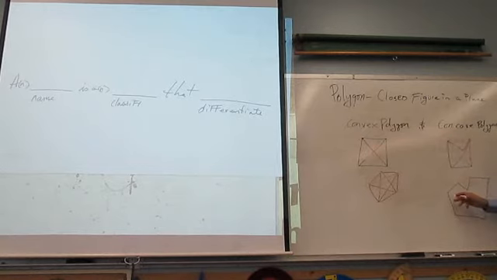You have more diagonals, I'm not drawing them all, but here's another diagonal that's outside. So these concave polygons have a diagonal that's outside the figure.